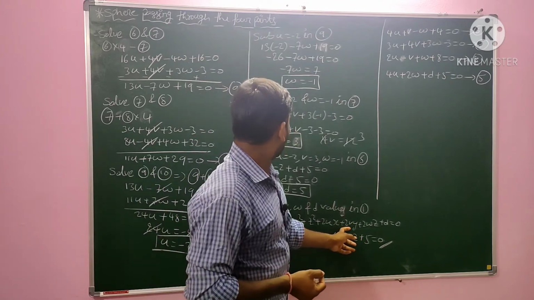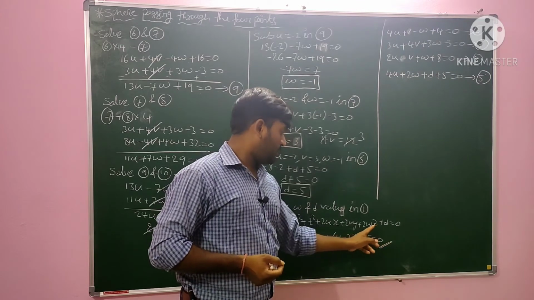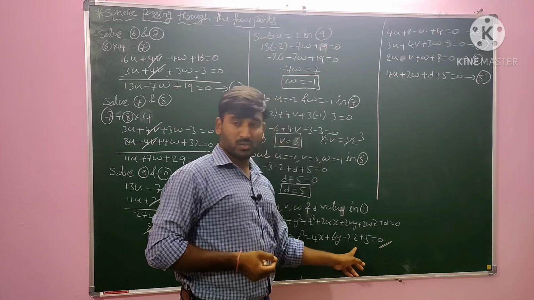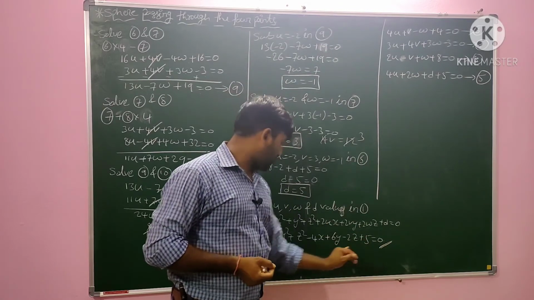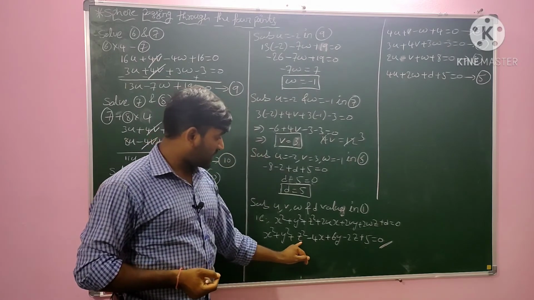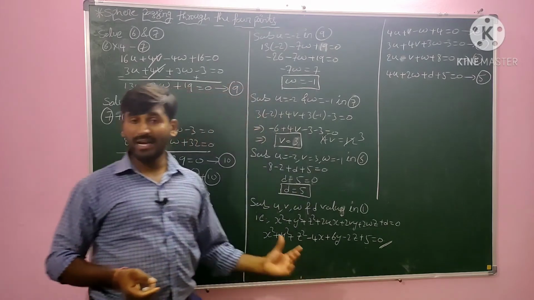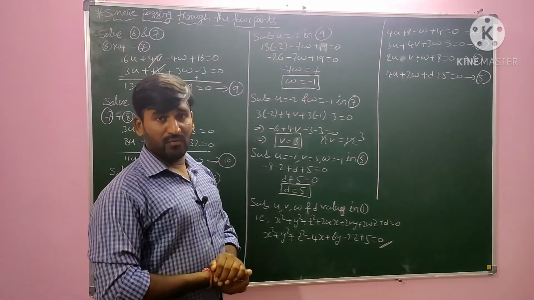The v value is 3, 2 threes are 6, into y. And 2wz. The w value is minus 1, so 2 into minus 1, minus 2z. Plus the d value, d equal to 5. So we get x square plus y square plus z square minus 4x plus 6y minus 2z plus 5 equal to 0, which is the required sphere passing through the 4 given points.